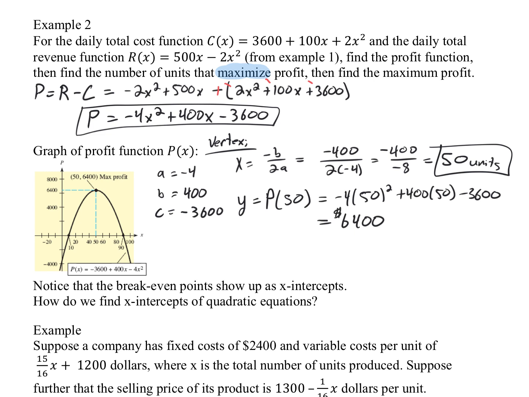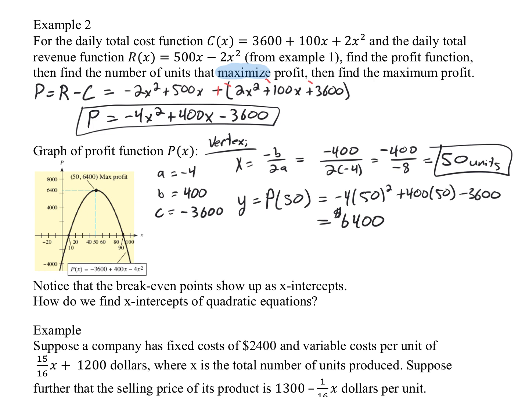So we can kind of see this happening over here on the graph of the profit function. This is not something that would be given to you necessarily, but if you had it, or if you just wanted to see what is going on graphically, it would look like this. What happens is you have break-even points anytime your profit was equal to 0. So that's what we computed in that very first example, 10 and 90. If we produce 10 units, we break even. If we produce 90 units, we break even.